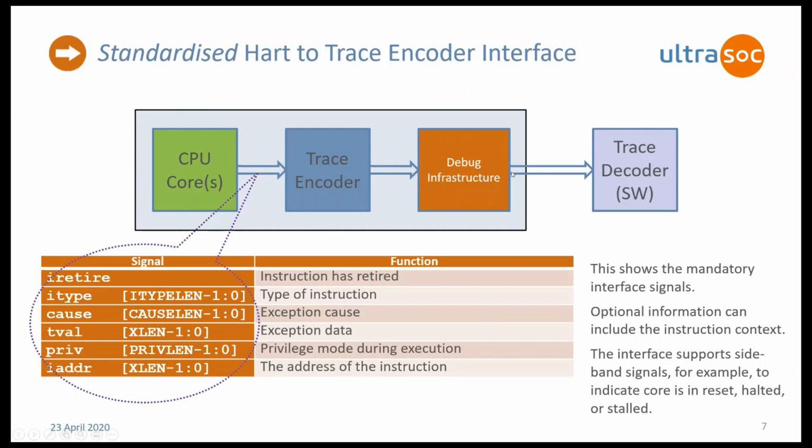Then there's some SoC-level debug infrastructure that will communicate that trace to trace decode software, which will take those trace packets, have access to the execution binary, typically an ELF file or something similar, and generate a disassembly listing of the program as it was running.